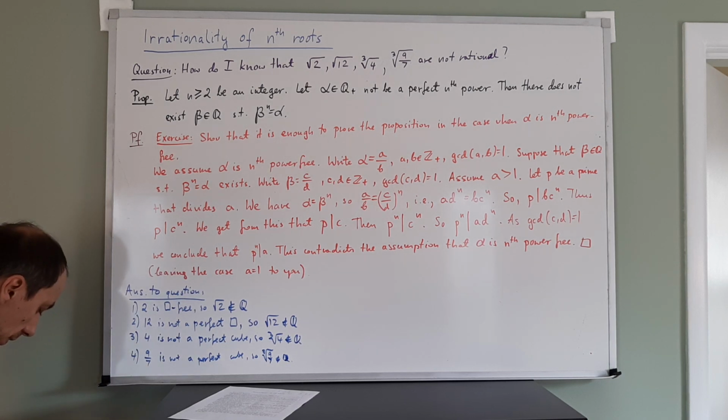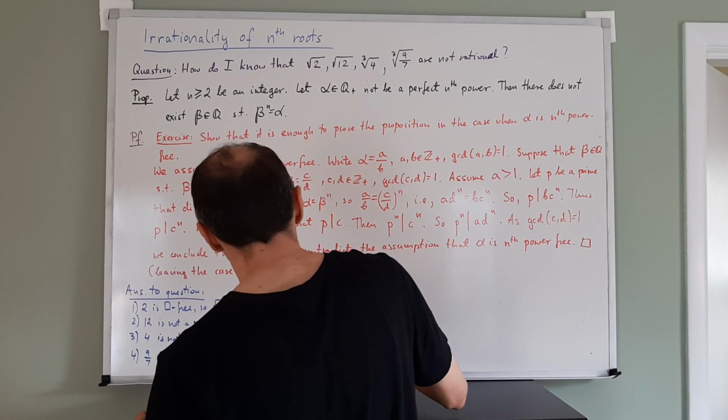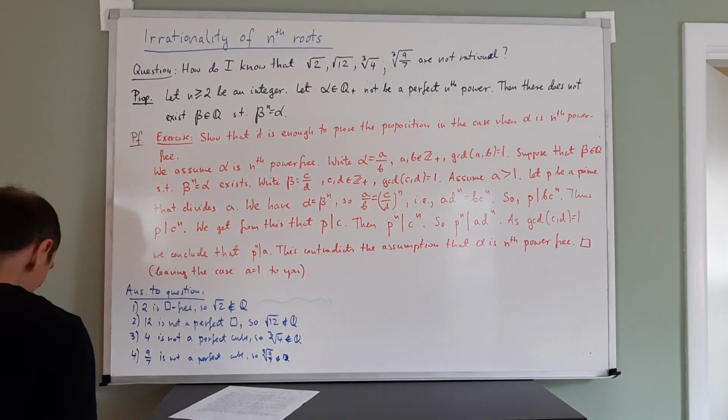All of this actually has consequences for irreducibility of polynomials. Why? Because the green is not really working great.